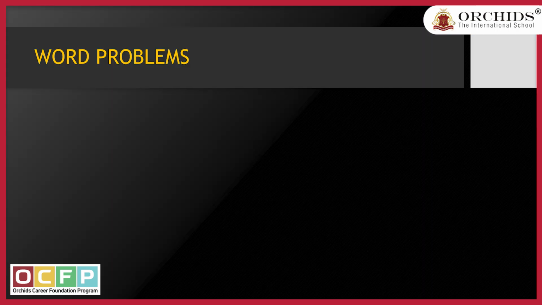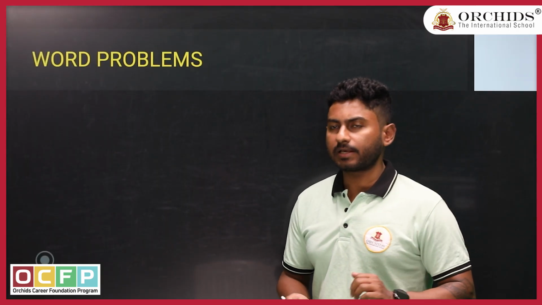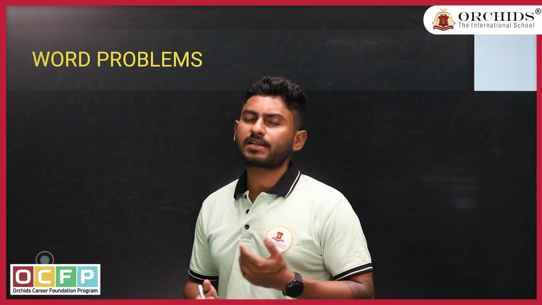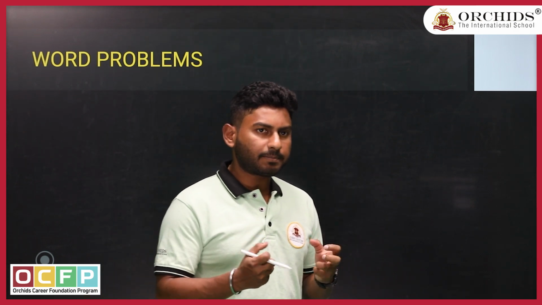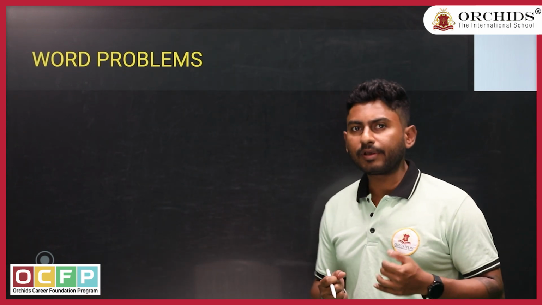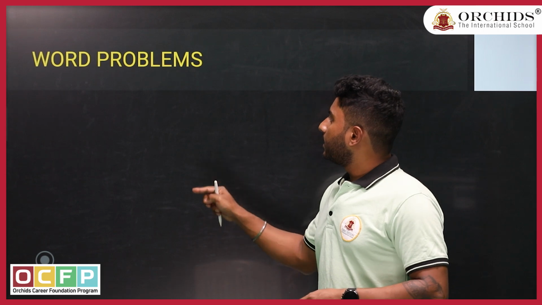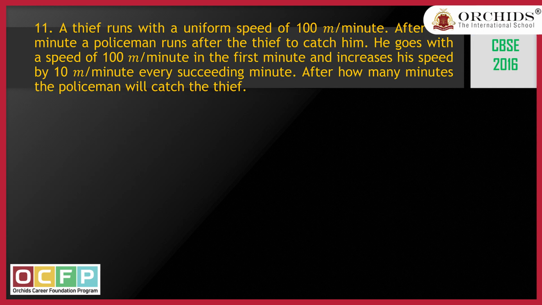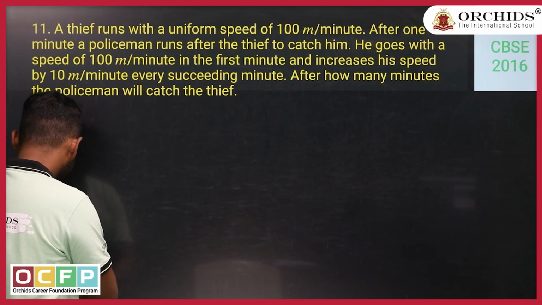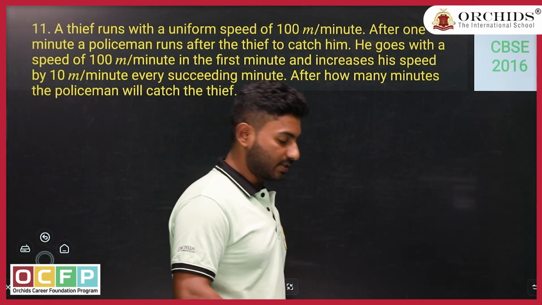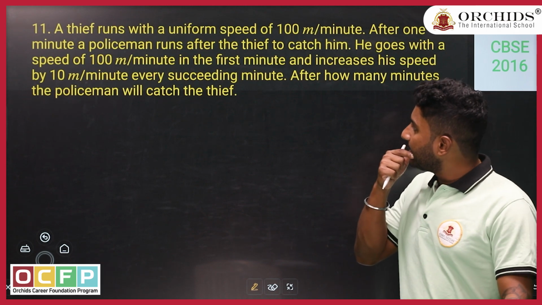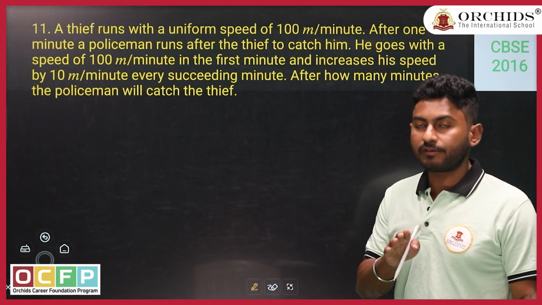Okay, let us solve few word problems as well, so that we can understand what are the practical applications of this particular chapter, where we can use it. It's a very good question, and this is from CBSE 2016. First you have to understand the question very well.